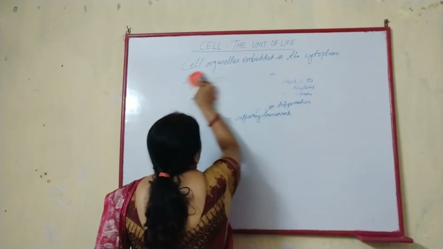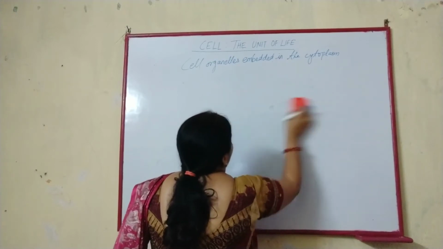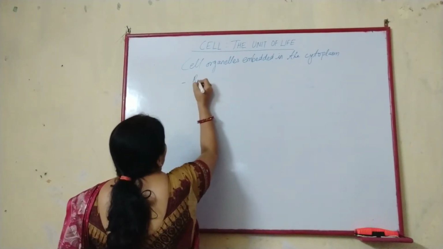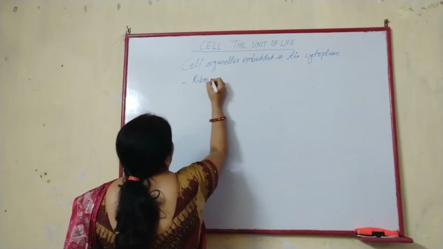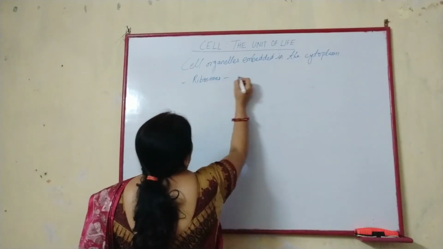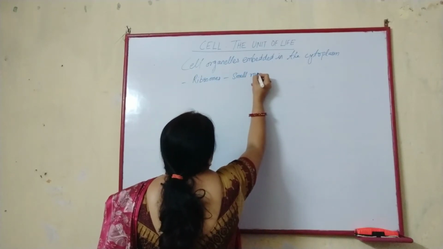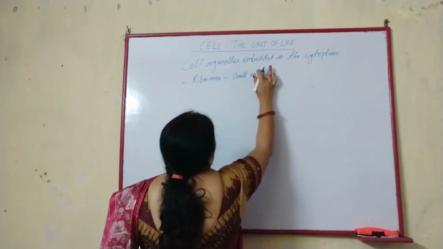Next to endoplasmic reticulum are the ribosomes. Just now we have discussed ribosomes. Ribosomes are small round structures.